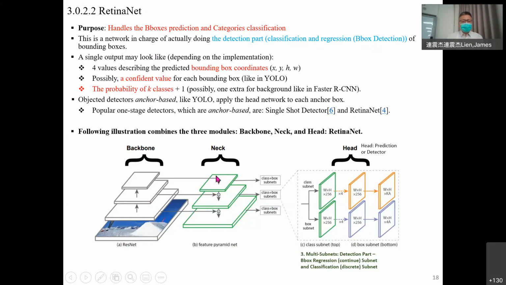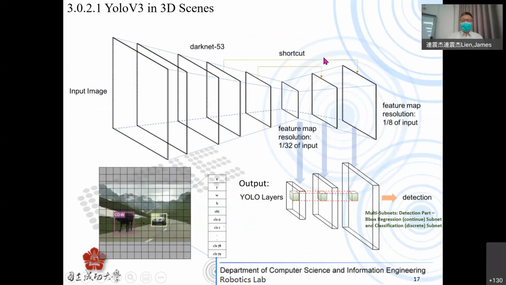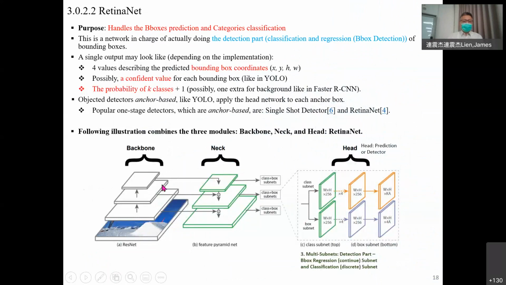This one is the same as this one, but they are represented in different ways. Don't think these two are different; they are the same. This is downsampling, this is upsampling. They have a shortcut here. So after they do upsampling, here they do classification. They do the bounding box here. So this is called the head.